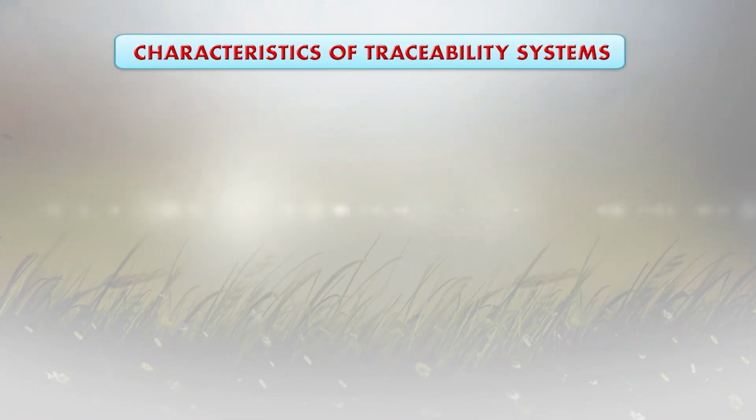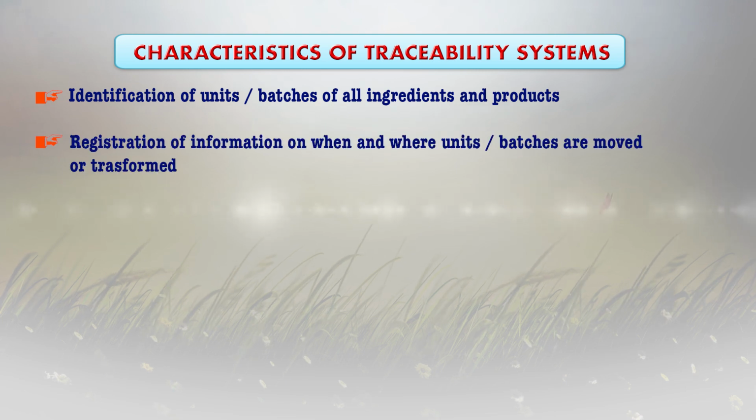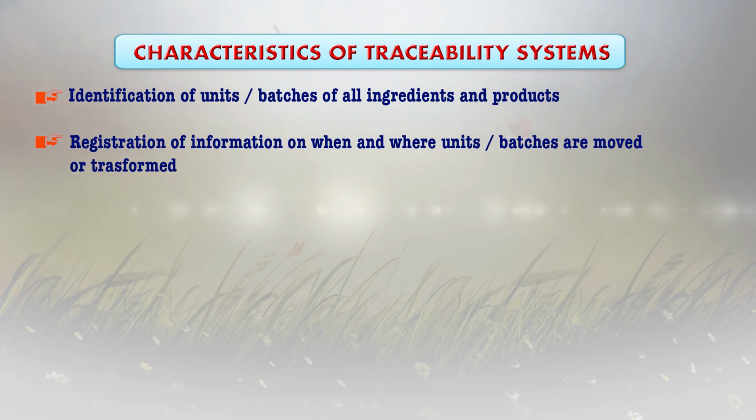So, the basic characteristics of traceability systems are identification of units, identification of batches of all ingredients and also the products. That is why we see the expiry date on any food product. And also we sometimes see the registration of the information on when and where these units or batches are moved or transformed, and what the ingredients are, what percentage, whether it is FDA approved or not.